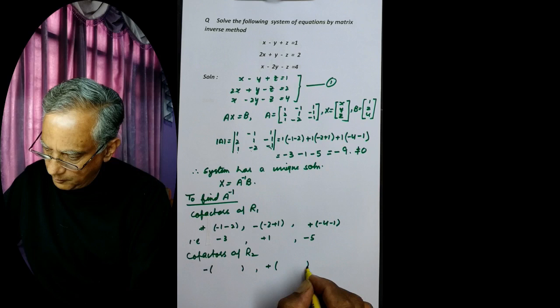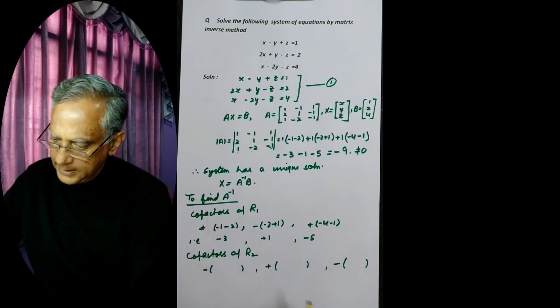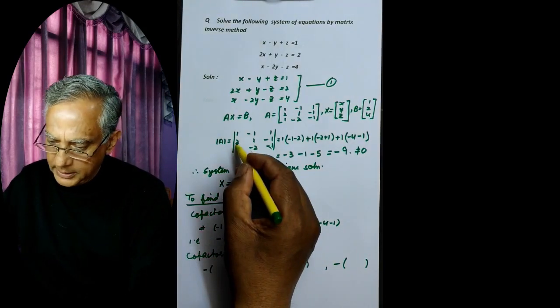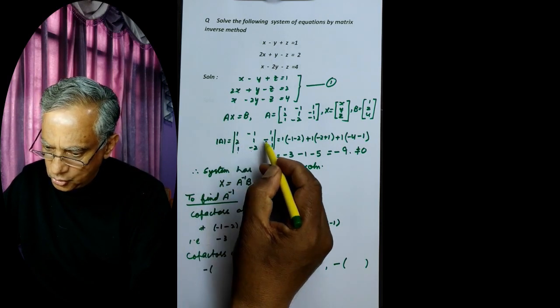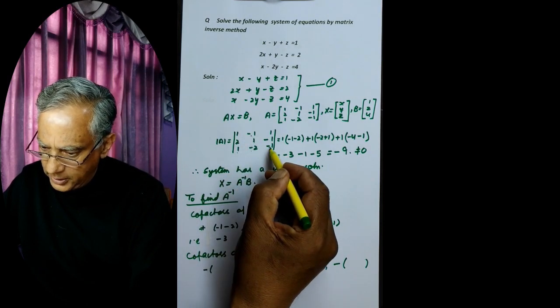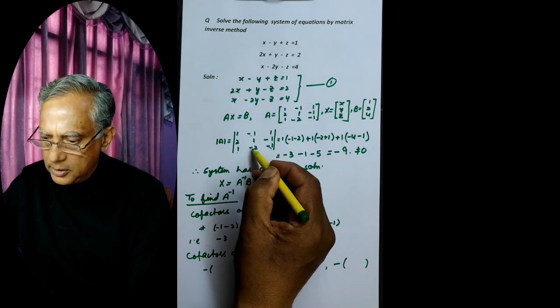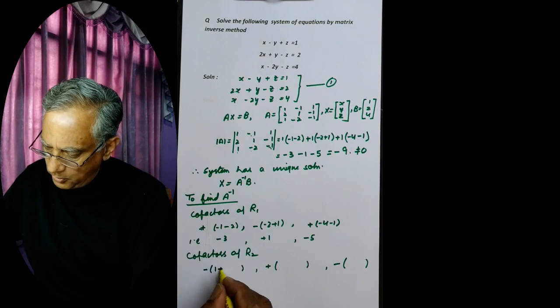Next will be plus, and next will again be minus. So this is an odd place entry, so this is gone, this is gone. Minus 1 into minus 1 is plus 1, minus minus plus 2. So 1 plus 2.